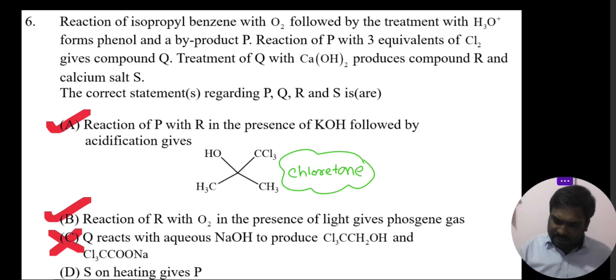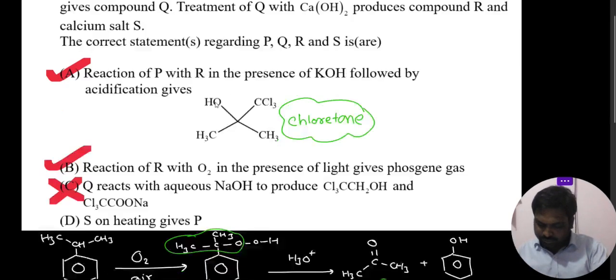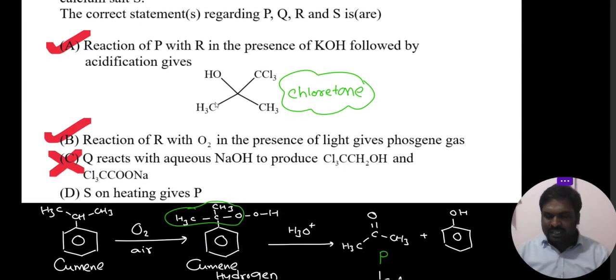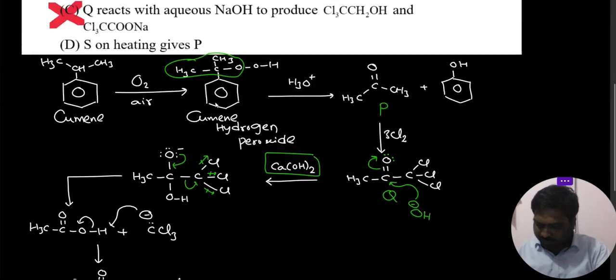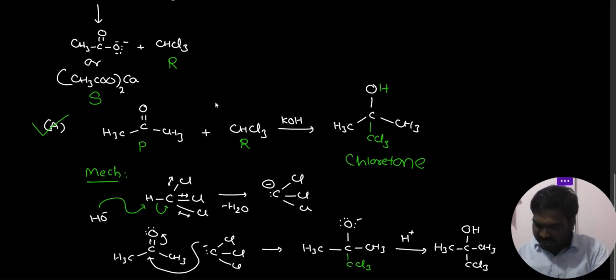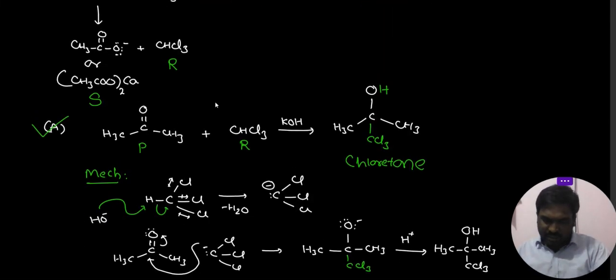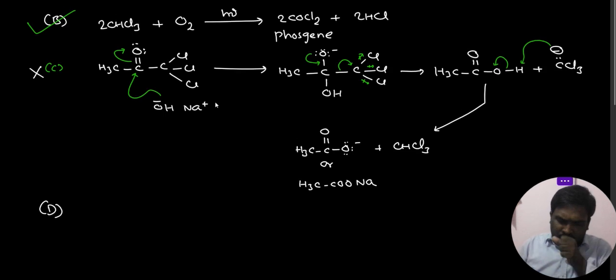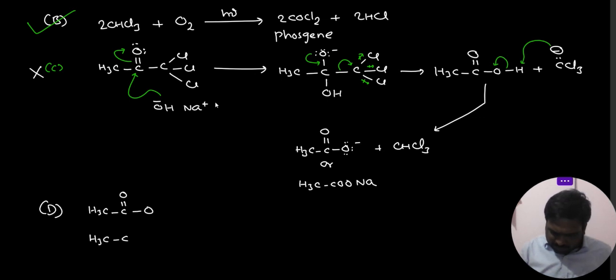Coming to D. What is statement D here? S on heating gives P. What is S here? S is calcium acetate, CH3 C double bond O, CH3 C double bond O, Ca.